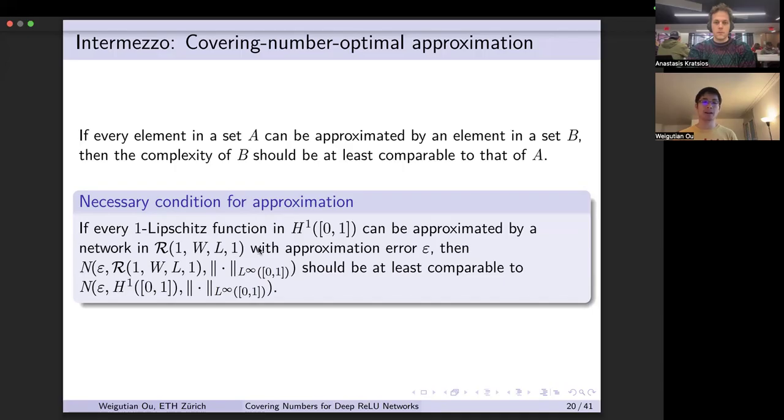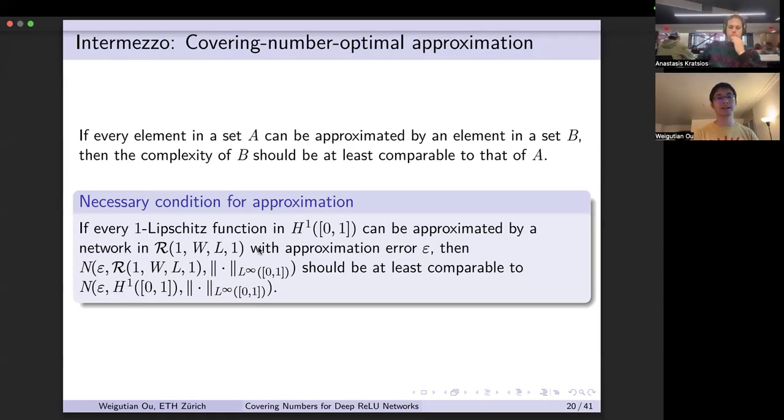So if we put it in the context of our research, then it looks like this. If every 1-Lipschitz function can be approximated by a network in R(1,W,L,1) with approximation error epsilon, then the covering number of the ReLU network, with this epsilon as the covering ball radius, should be at least comparable to the covering number of H^{1,0,1}, also with this epsilon as the covering ball radius.